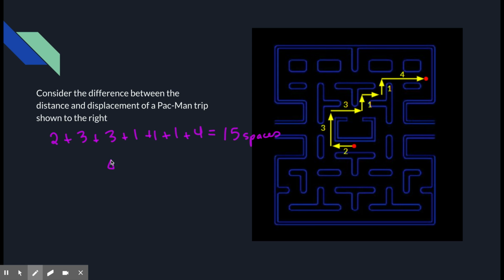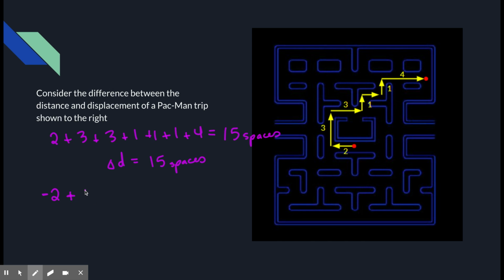Now this would be distance. Displacement includes direction. So how far have they traveled with direction? I'm going to look at where they started and where they stopped: how far have they gone up and how far over? They went 2 to the left, so negative 2.